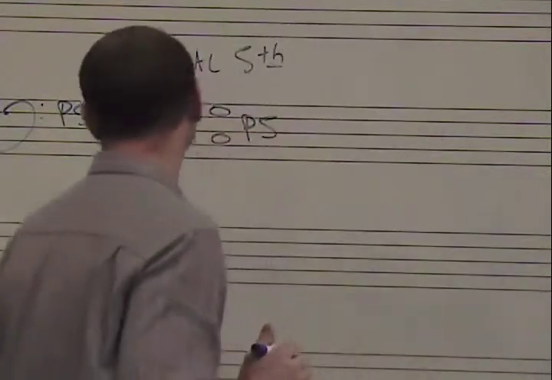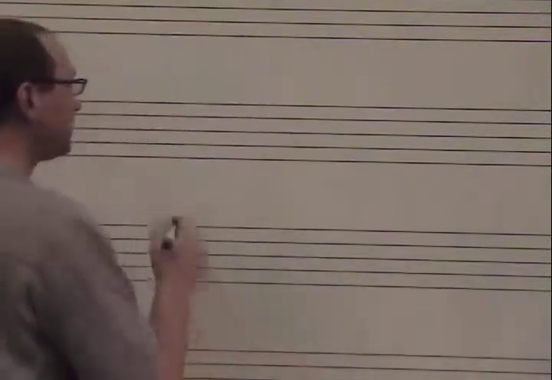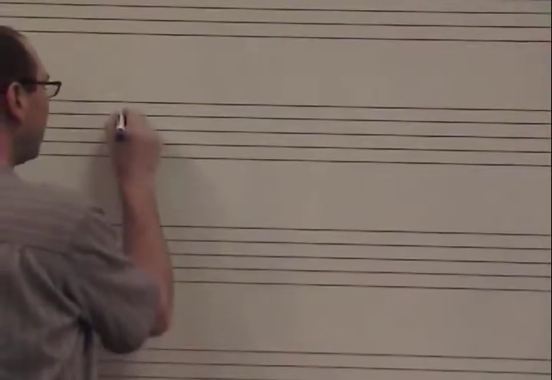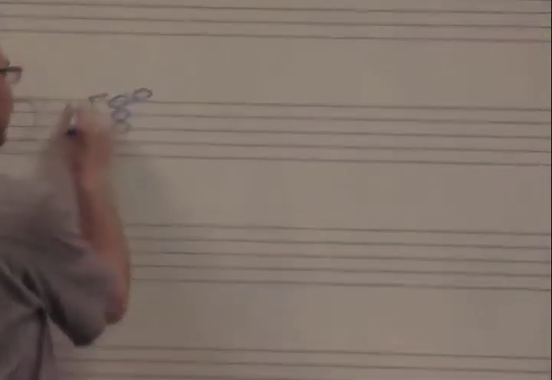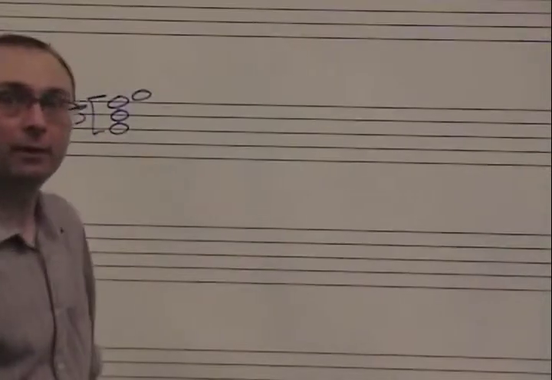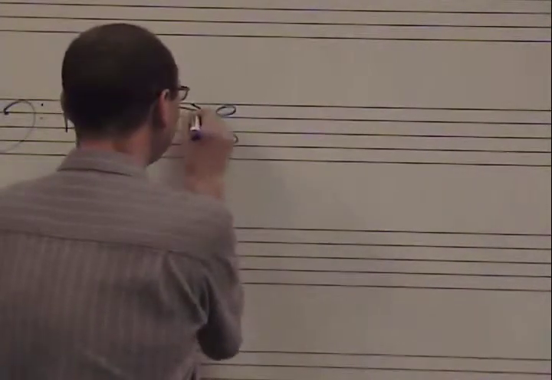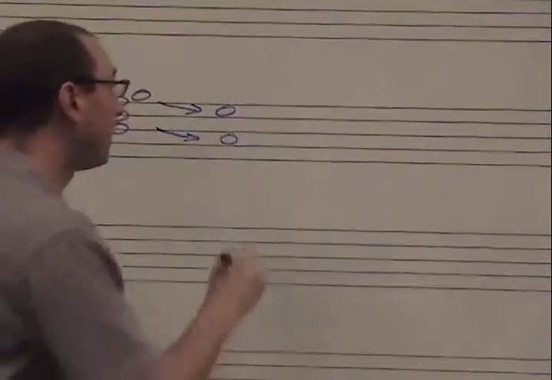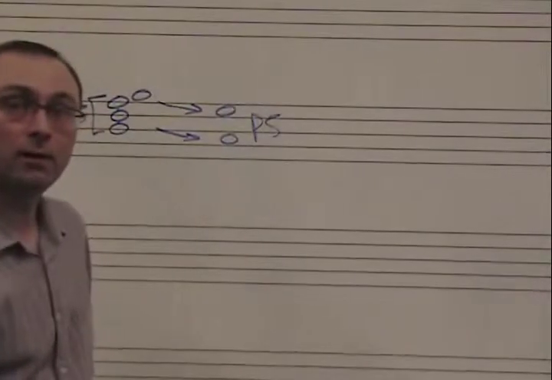Okay? This is the first inversion of the same chord. Notice that a perfect fifth is found. Okay, if I look at the movement of that fifth to the next chord, you can see, oh, well, perfect fifths, once again, are possible.